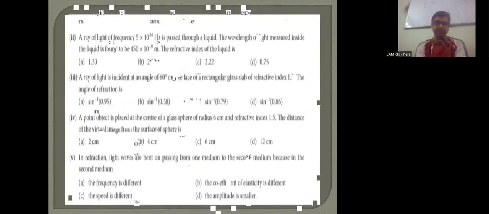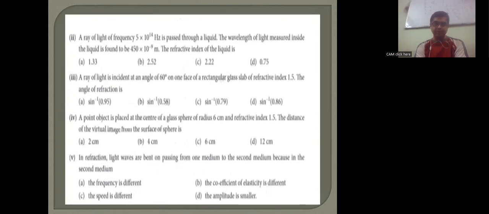Student, you must remember those three formulas mentioned in the question too. Next, in refraction, light waves are bent on passing from one medium to a second medium because in the second medium the frequency is different, coefficient of elasticity is different, speed is different, and amplitude is different.